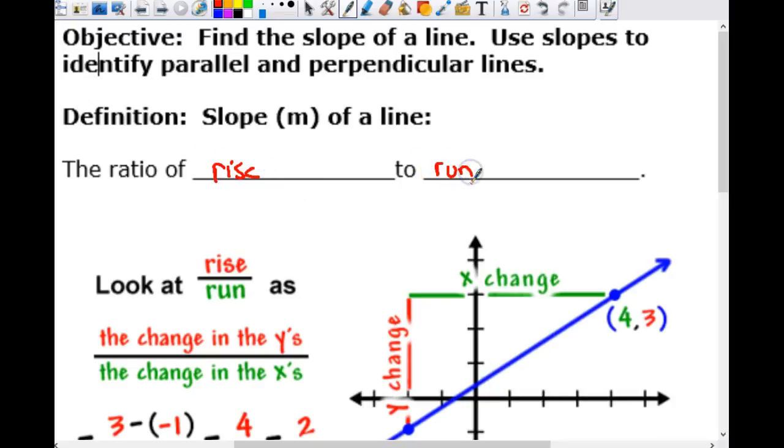All right. What's another way to represent that then, if you guys are so smart? You were close. Change in y to change in x.